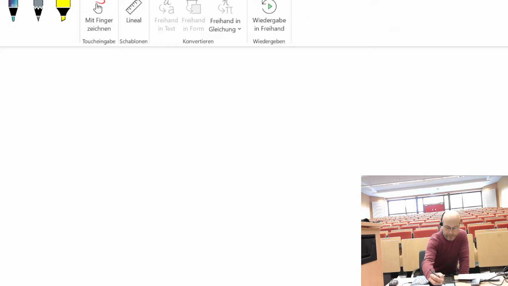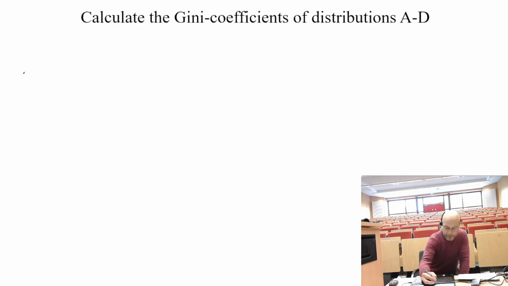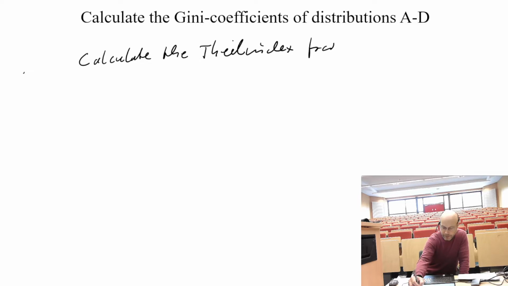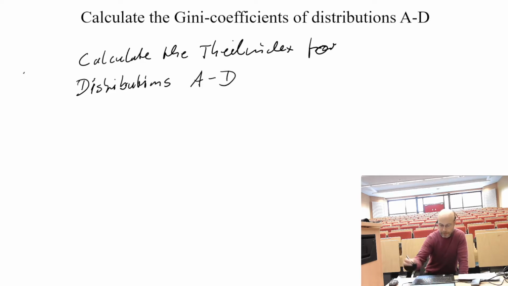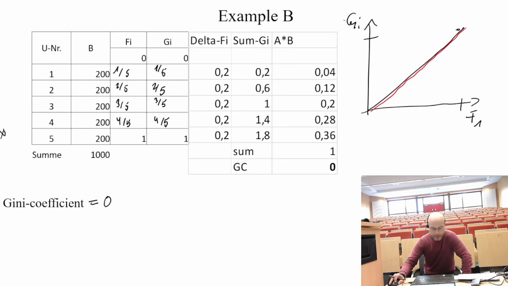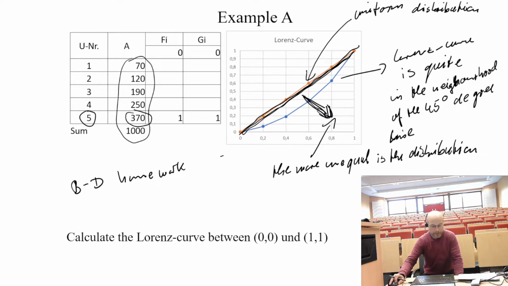So calculate the Theil index for distributions A to D. Well, the Theil index for example B, and we have also to use A. Where's A? This is B, and here we have A.